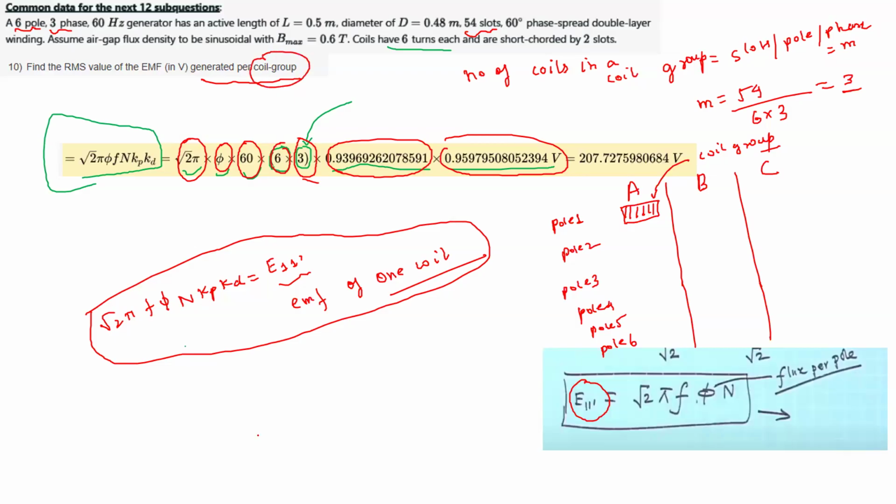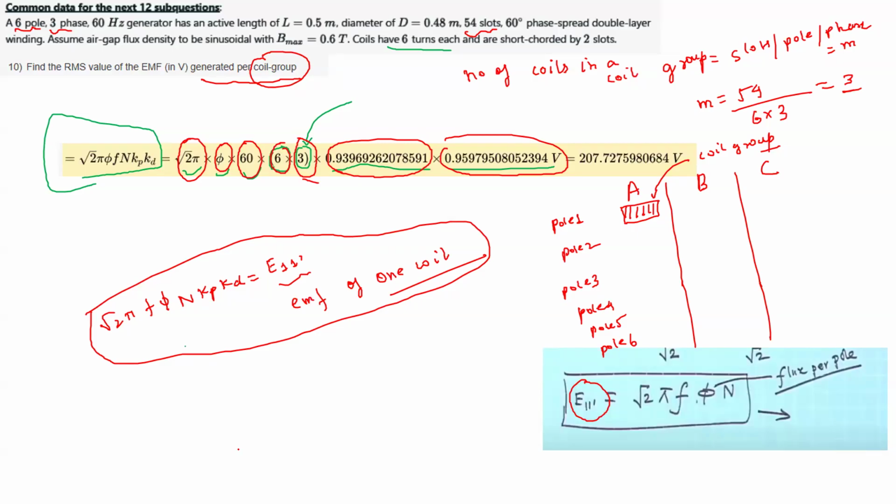So that is why this 3 is coming, because generally, if nothing is specified, you have connected all the coils in a coil group in series and also all the coil groups in series. Okay, that is generally done to get the maximum EMF induced. That is the convention which is followed. So if nothing is mentioned, whether the connection is parallel or anything, you consider it as series connection.